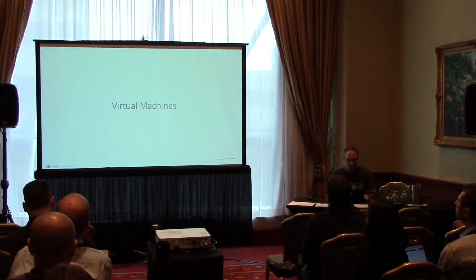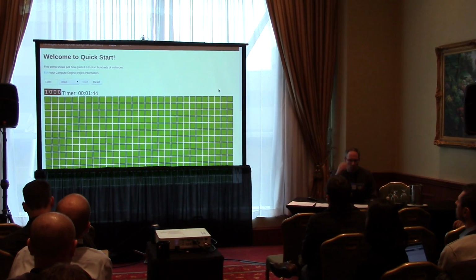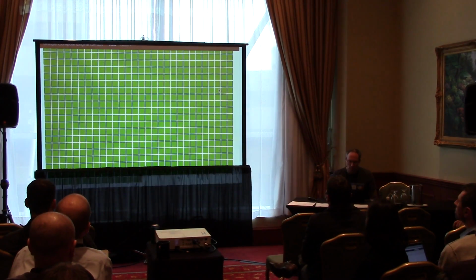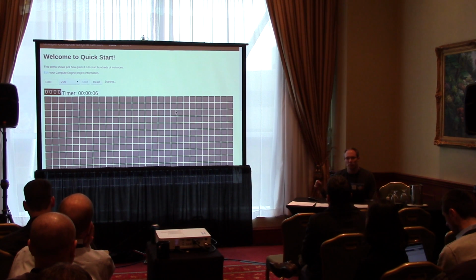So let's pop back and see how our disks are doing. All right, done. 1 minute and 44 seconds to do all 1,000. So while we do virtual machines, let me flip this over. Now we're going to create 1,000 virtual machines, and each one is given a name, and that name is going to go out and find a persistent disk with that same matching name and use it as its boot device.